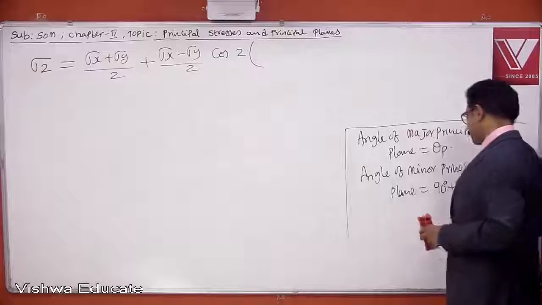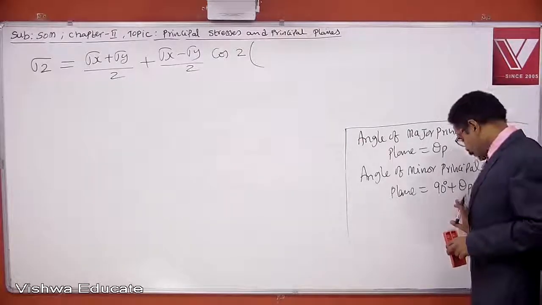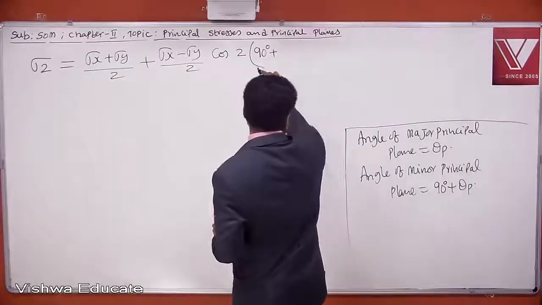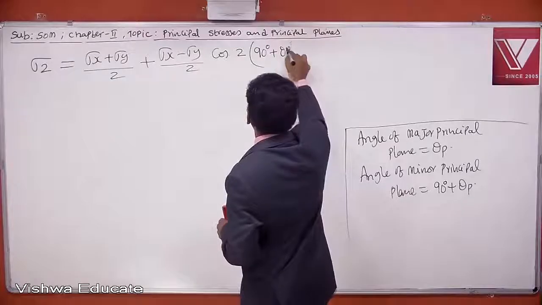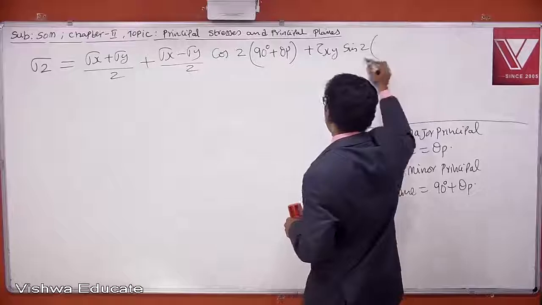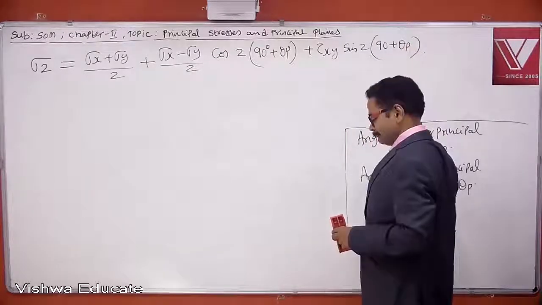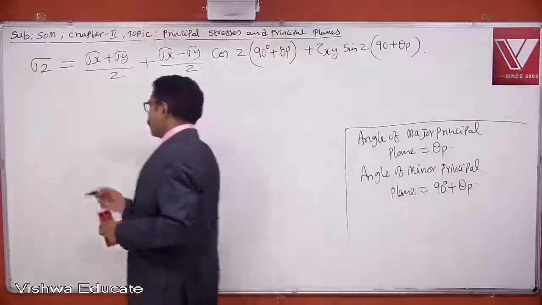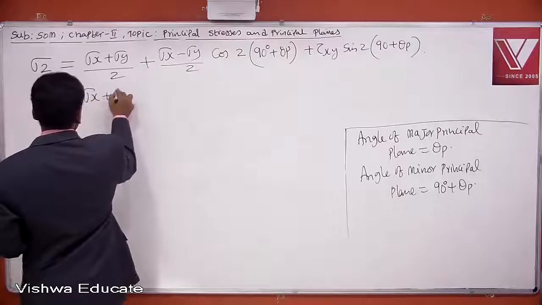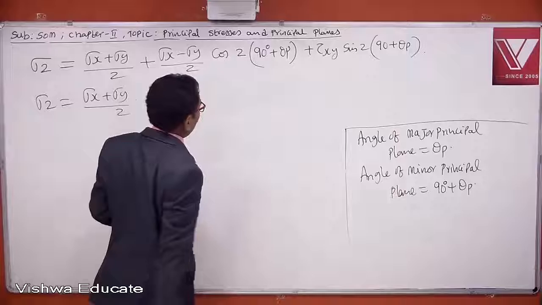The angle of the minor principal plane is 90 plus θp. So cos 2(90 + θp) plus τxy into sin 2(90 + θp). Now what happens? σ2 is equal to (σx + σy)/2. Here 2 into 90 is 180.